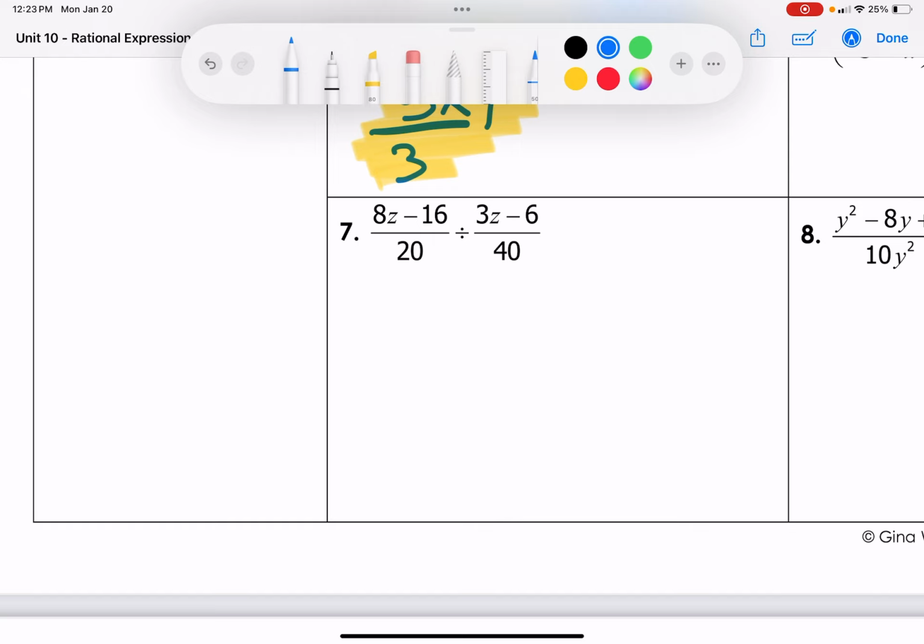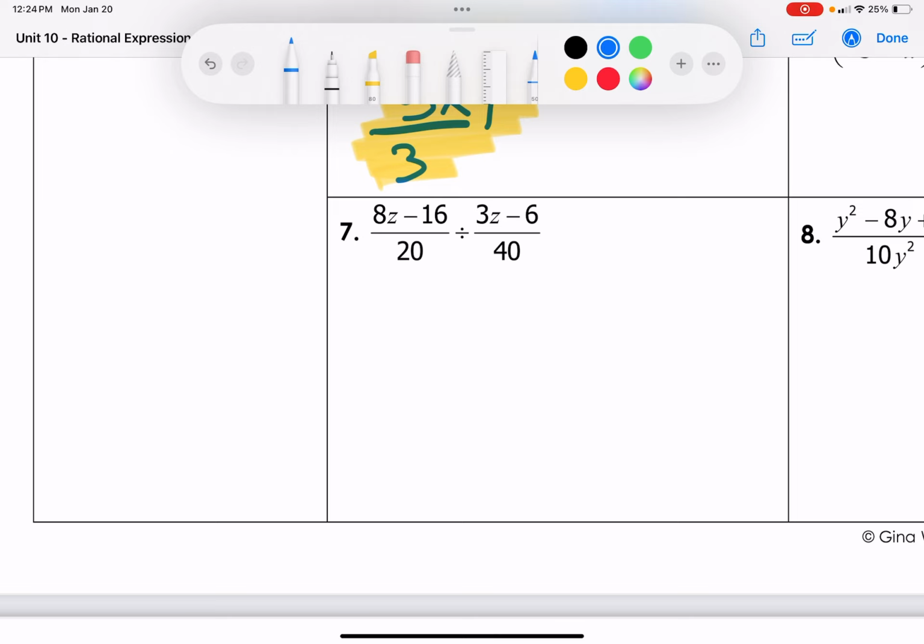All right, number 7. Same idea. So now we have binomials, expressions that we could factor. So I'm going to factor my left side. I have 8z minus 16. What can I take out of 8z minus 16?